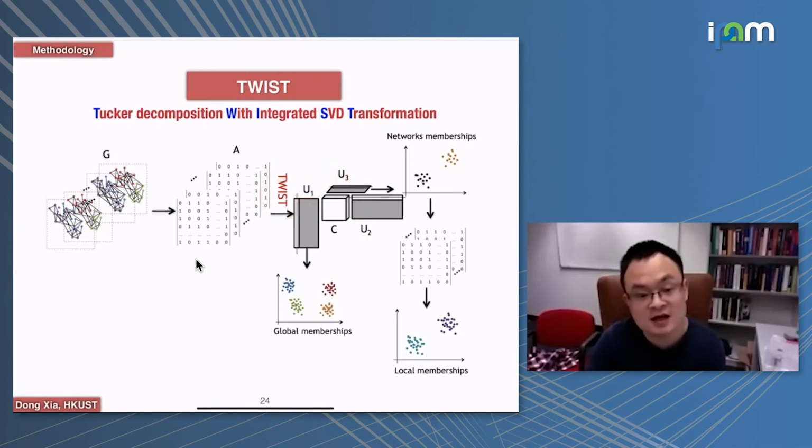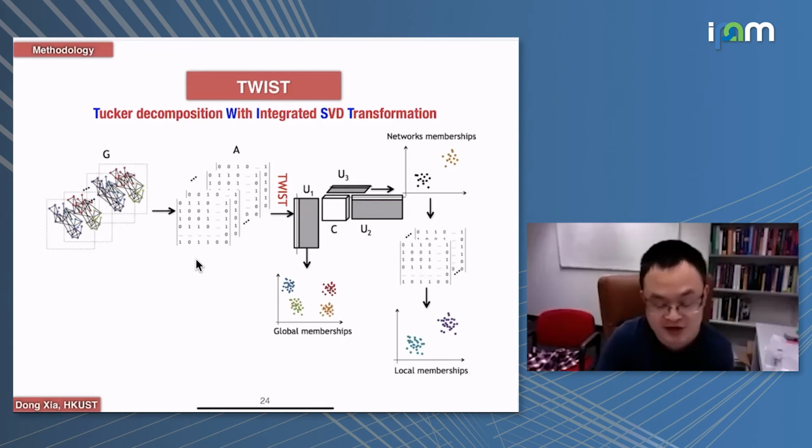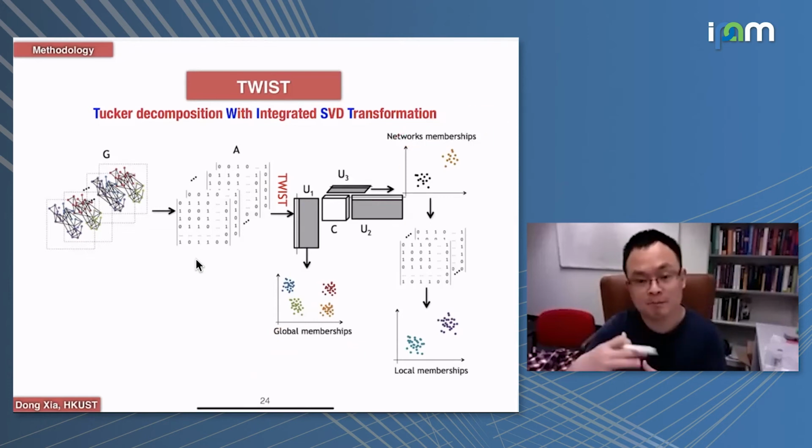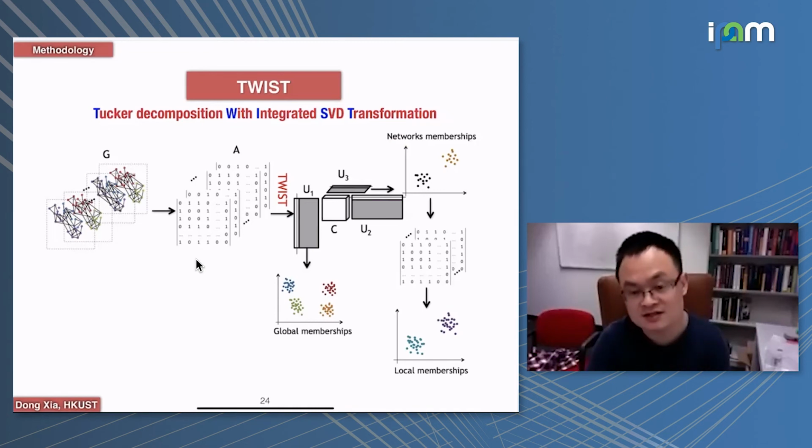Based on these estimated singular vectors, we do clustering and obtain the global memberships of vertices and also the network labels. Then we put layers together, if these layers have the same labels. Based on that, we do another step of clustering and obtain the local memberships. So that is the whole procedure.